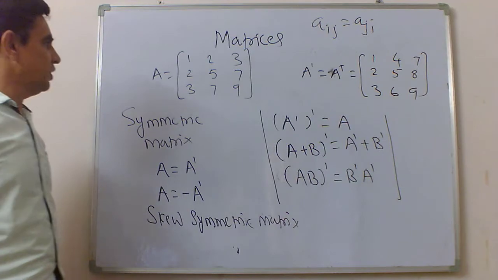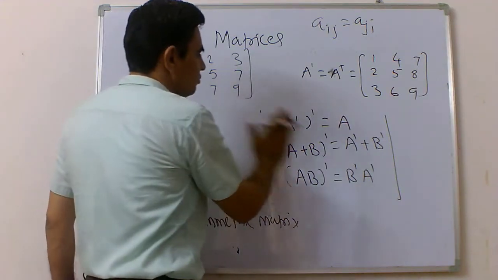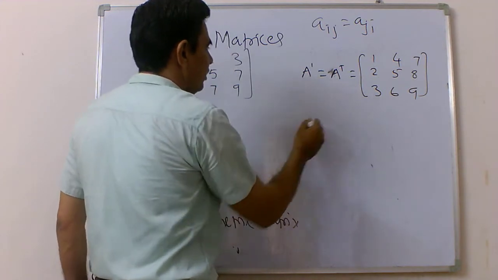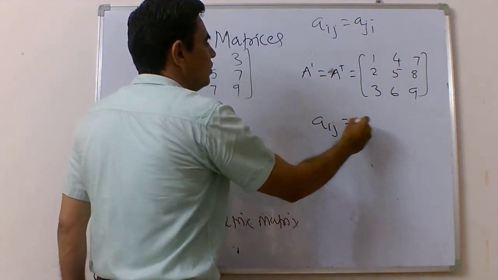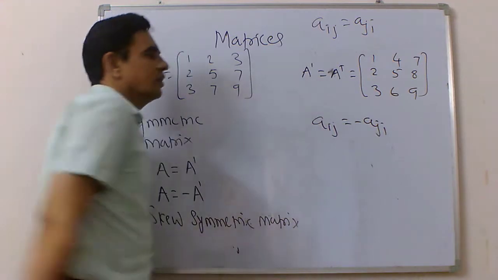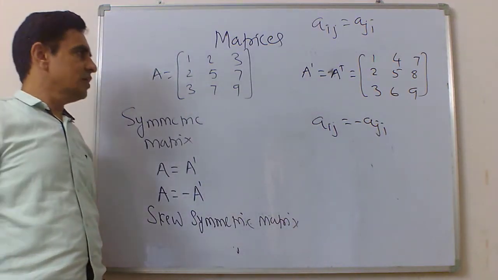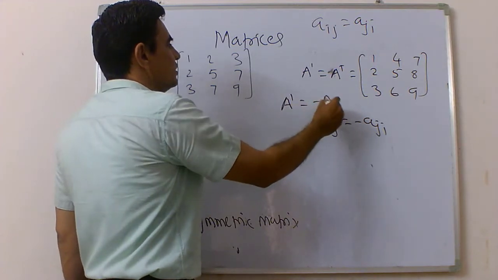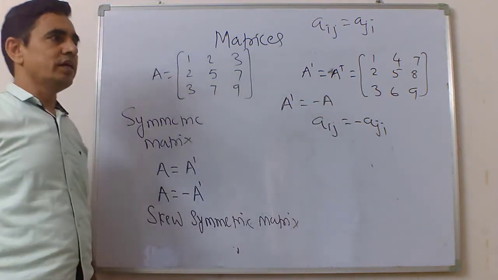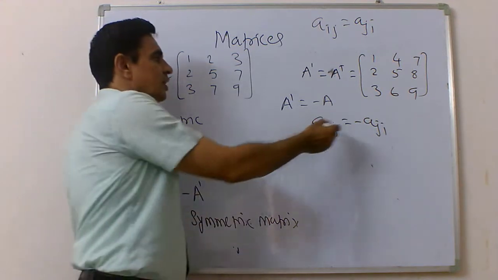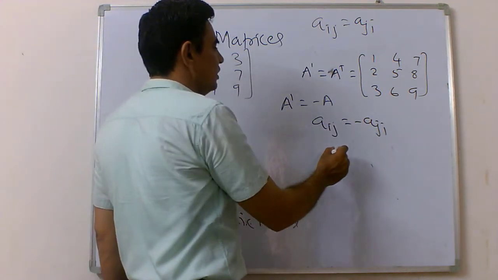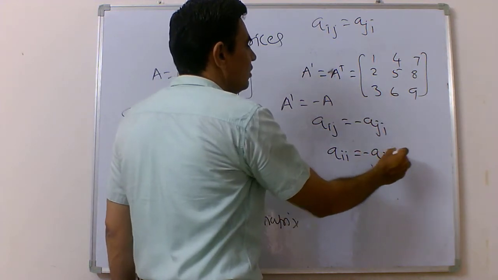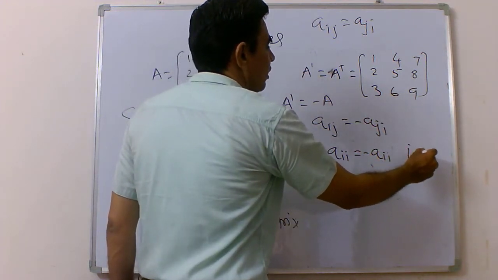Now, the skew symmetric matrix. In this skew symmetric matrix, Aij is equal to minus Aji, or A dash is equal to minus A, or A is equal to minus A dash. Both are the same. So Aij is equal to minus Aji means Aii is equal to minus Aii for all i when i is equal to j.